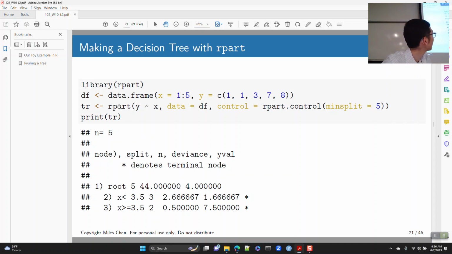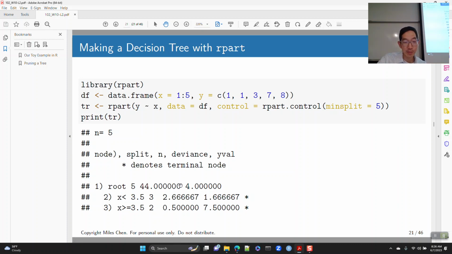So I just do, here's our data frame, x is 1 through 5 and y is 1, 1, 3, 7, 8, and then we're going to say rpart y tilde x. Our data comes from the data frame, and the control is we're going to say minsplit 5. And here it says make the split at x less than 3.5 and x greater than or equal to 3.5, which is exactly what we came across.